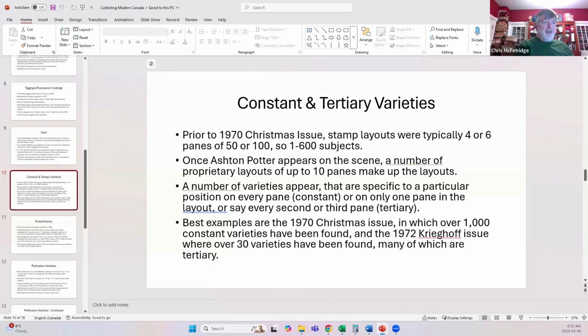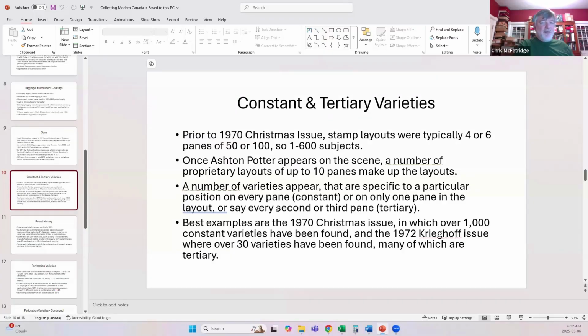I myself, when Christmas rolls around and I happen to have a number of the 1970 sheets, will sometimes offer variations where I have 10 varieties of each stamp, and I'll pick the top 10. I've never offered all 1,000. I mean, that's just beyond the scope for me.